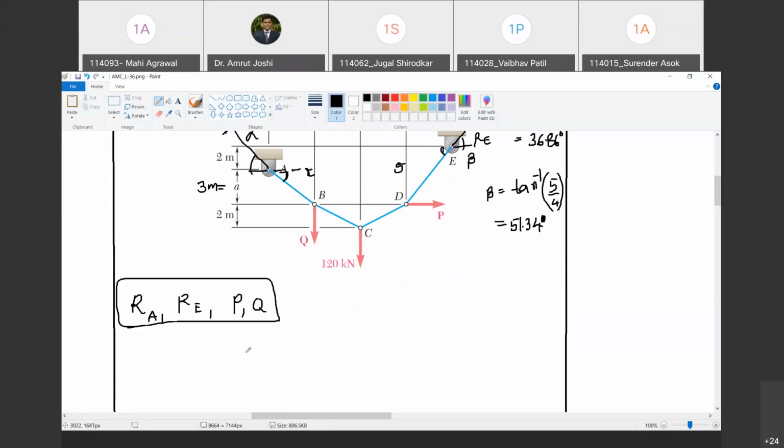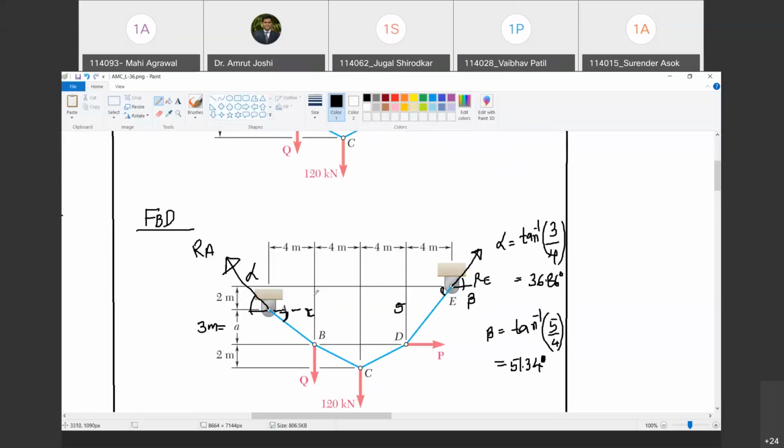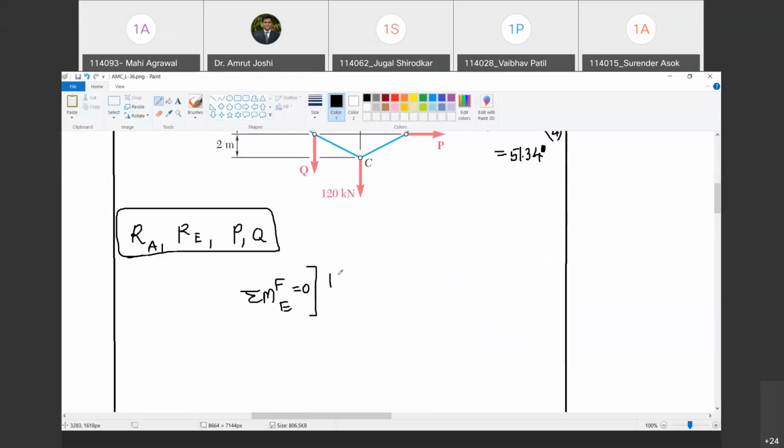So let me say the first equation is summation of moments of all the forces about E equal to 0. Happy? Yes, sir. So this equation is going to give us what? What is the moment of Q about E? Can you tell me? Q into 12. Yes, sir. And is it anti-clockwise or clockwise? Anti-clockwise. Okay, so 12Q anti-clockwise, therefore positive.